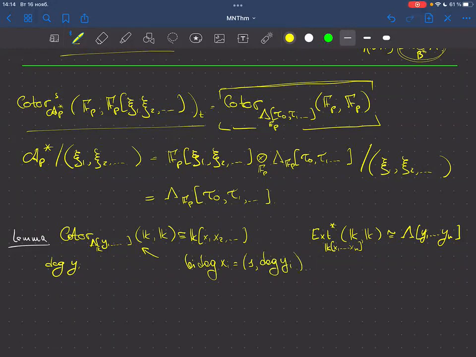And this can be done again using the Koszul complex.